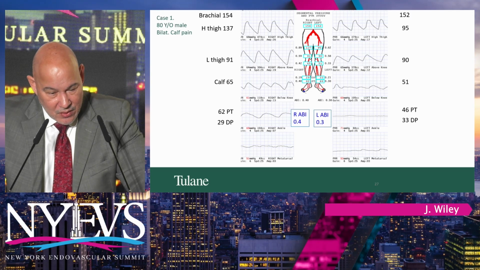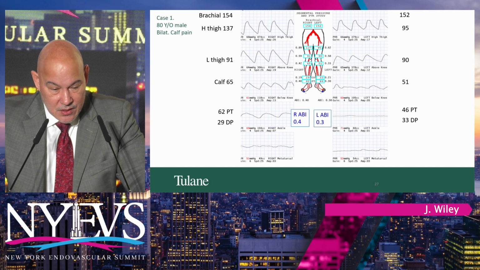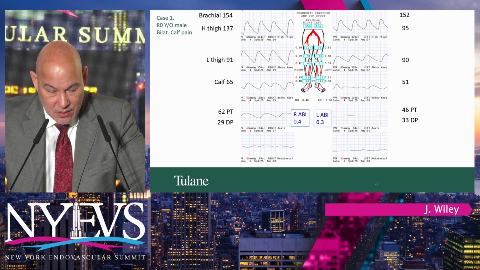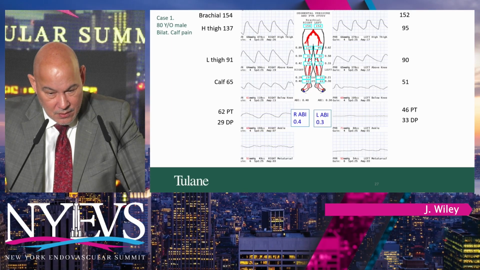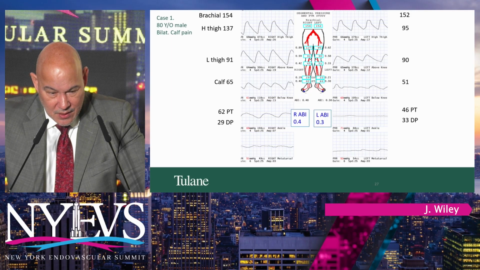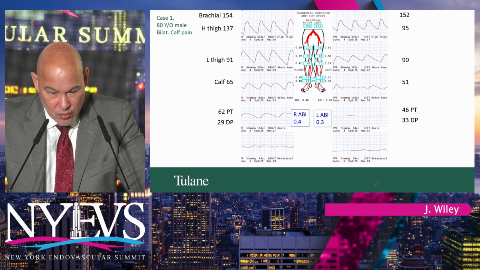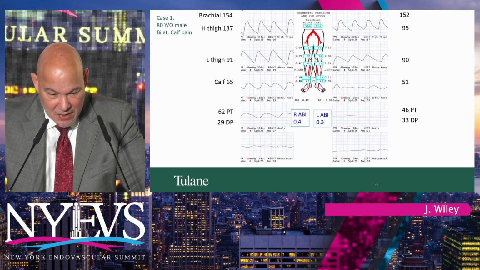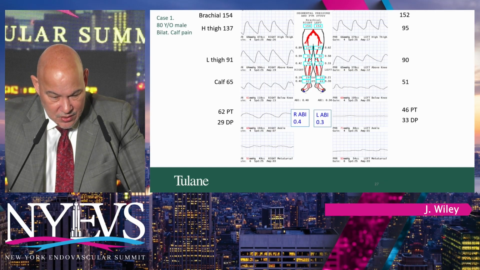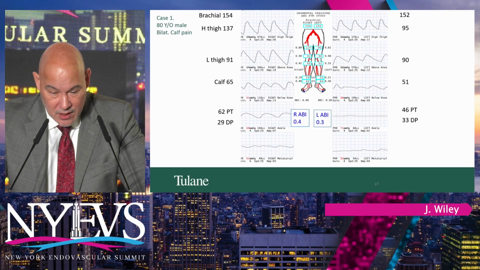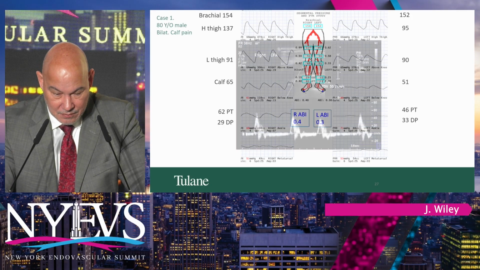So what about this patient? 80-year-old male, bilateral calf pain. You see that the ABIs are abnormal. The thigh pressures are not augmented to the level that we would expect for the reasons I mentioned in the past. And there is a significant pressure gradient among several levels.